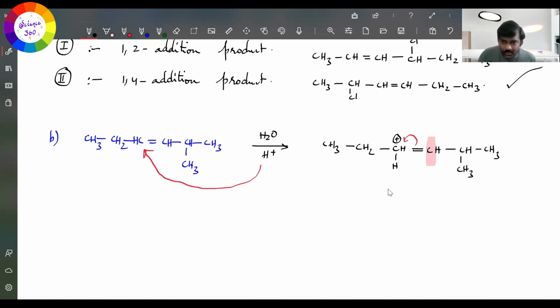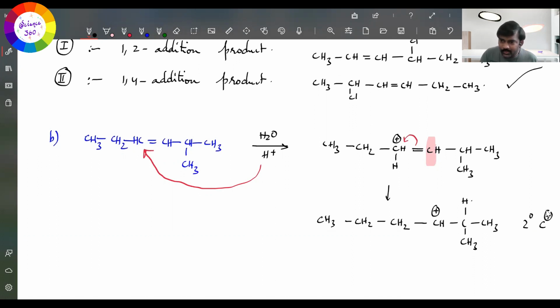So now this is turning out to be this carbocation. So here I have CH2, a single bond, and here CH plus, CH3 twice we have, and we have a hydrogen here. So whatever carbocation I have here is a secondary carbocation.